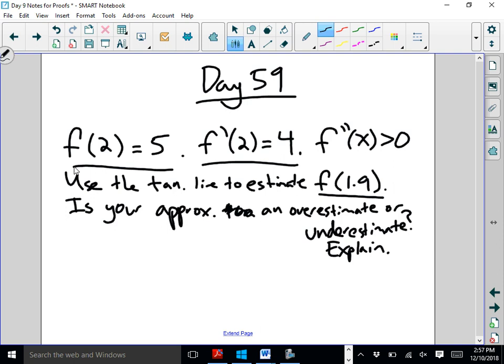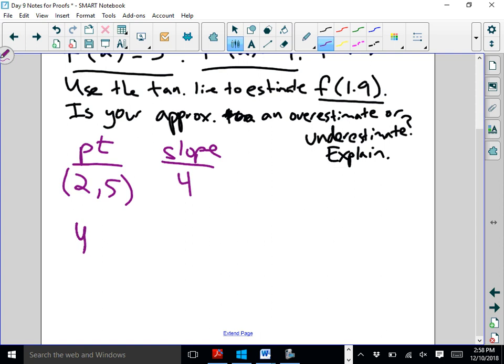Okay, well, to write an equation of a tangent line, I need a point and a slope. My point is the point (2, 5). And my slope is the derivative f prime of 2, which is 4. So right away I can get a tangent line equation very easily of y minus 5 equals 4 times x minus 2.